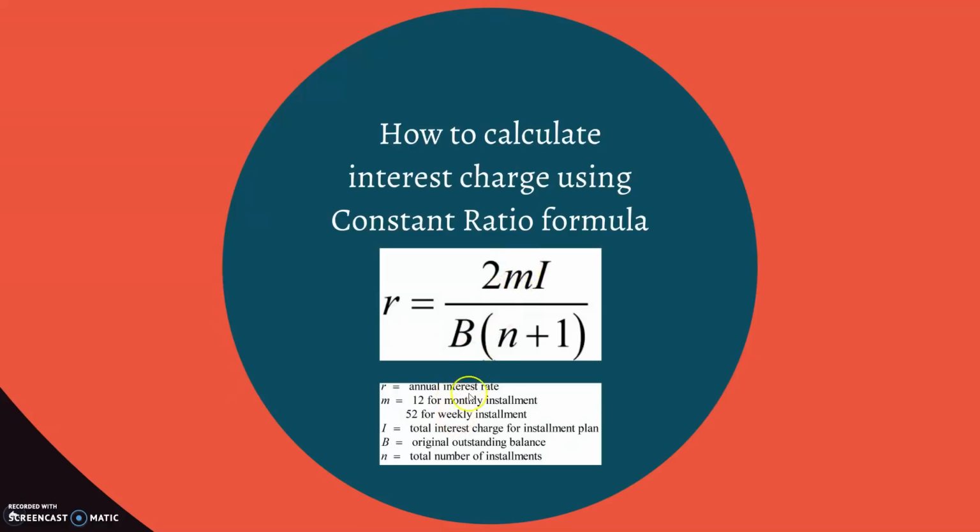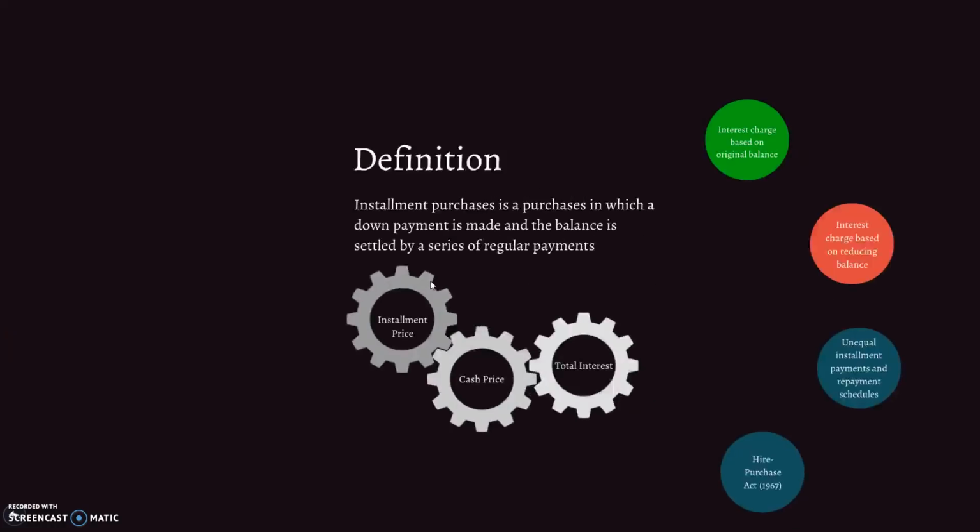If it is weekly, M will be 52. I here is the total interest charge for the installment plan across the time. It is the total interest that is going to be charged. We input it here, and then B, the original balance, and n, the number of installments that you're going to make. Substitute all of this and you will get the annual interest rate using the constant ratio formula.